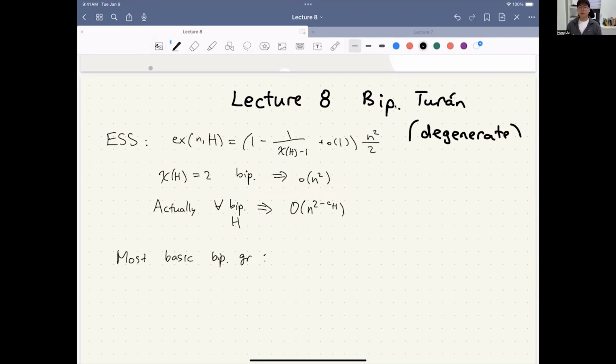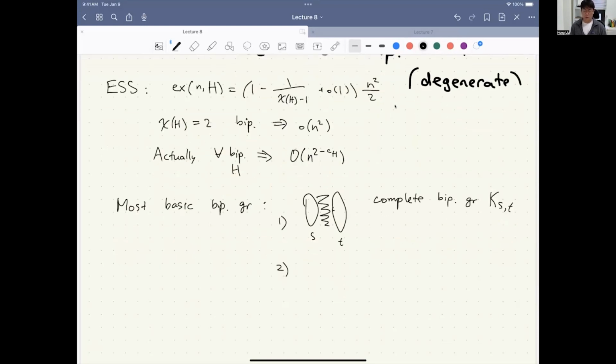One is the analogy of the complete graph. We have the complete bipartite graph. So you have, say, s vertices here, you have t vertices here, you have everything in between. The complete bipartite graph, which we will use K_{s,t} to denote. And another family is the even cycle.